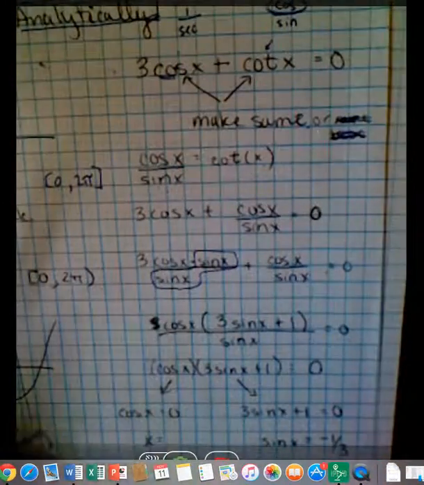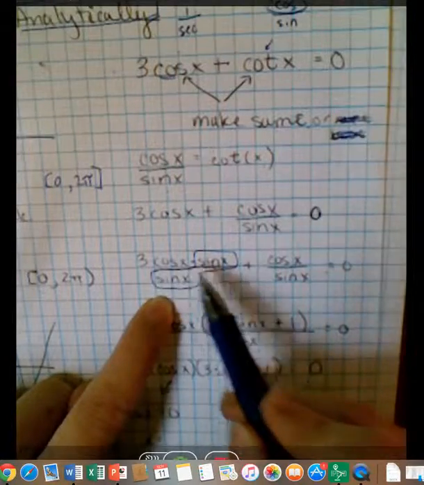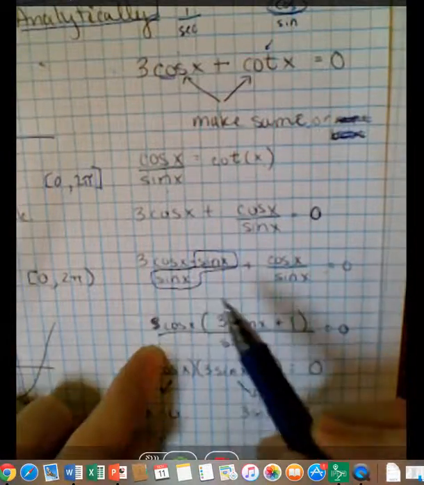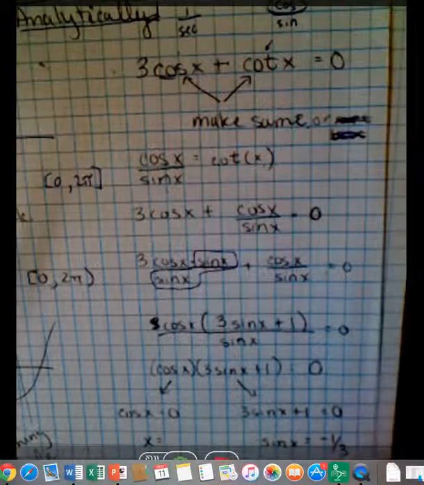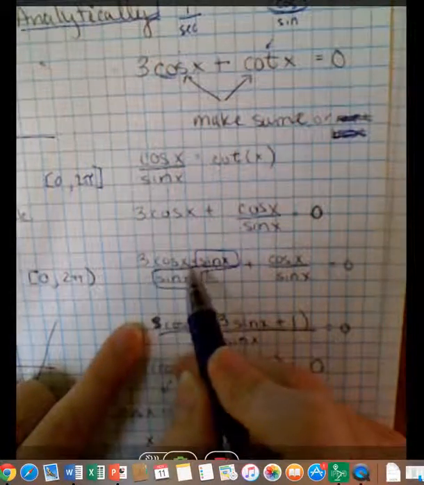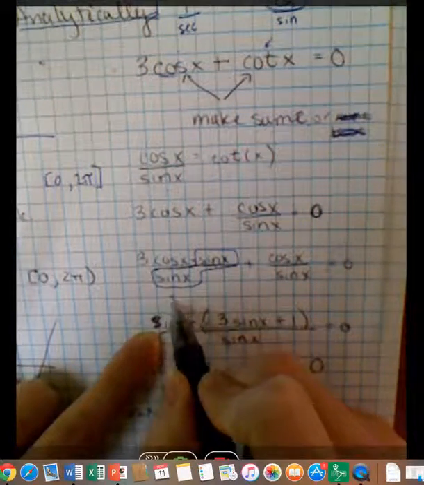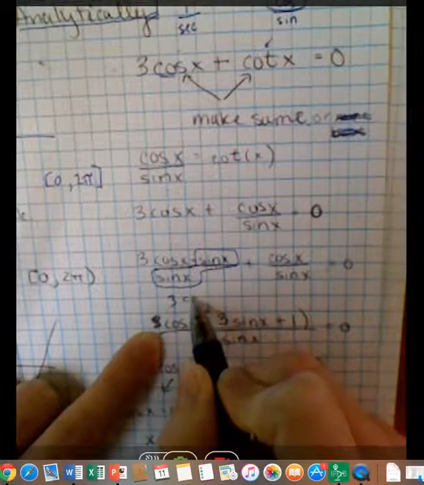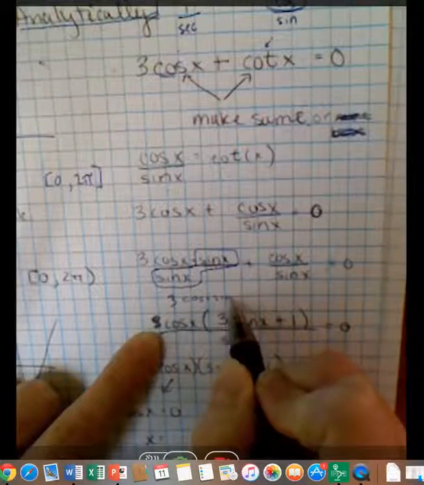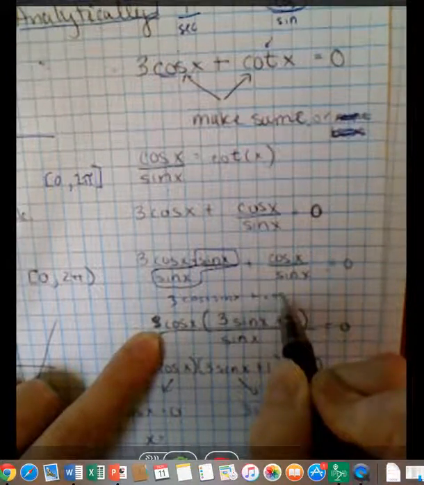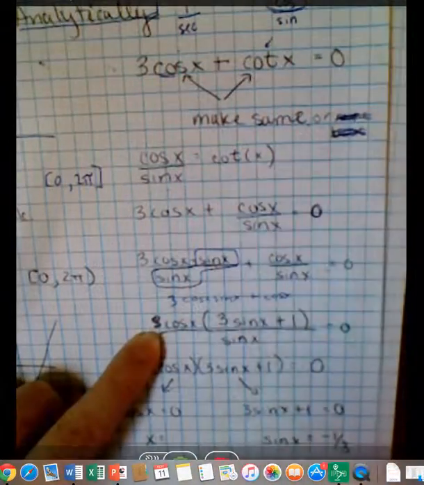So there's my 1 right there. 3 cosine x sine x over sine x. Okay. Now I can start putting things together. So 3 cosine x times sine x plus cosine x, and that will all be over sine x.